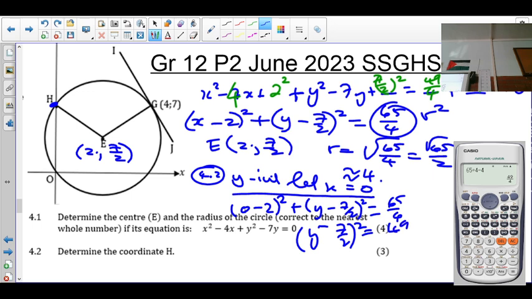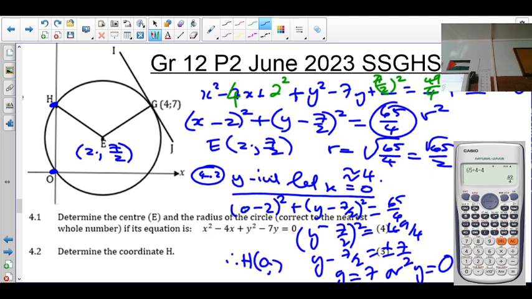I take the square root, I must not forget plus or minus. So y minus 7 over 2 is equal to plus or minus 7 over 2. Taking it over the equal sign, it becomes 7 over 2 plus 7 over 2, which is 7, or 7 over 2 minus 7 over 2, which is 0. Hence, it explains that it's going through the origin. And therefore H has to be (0, 7).